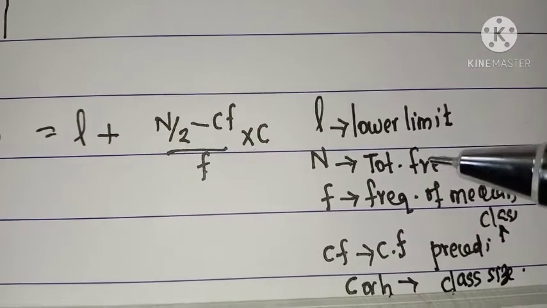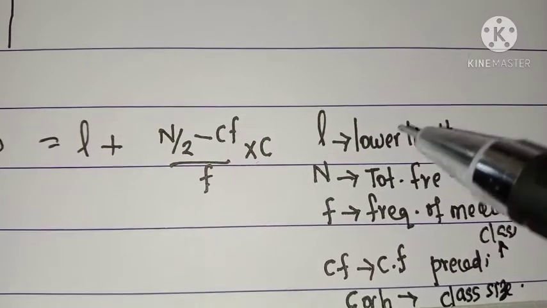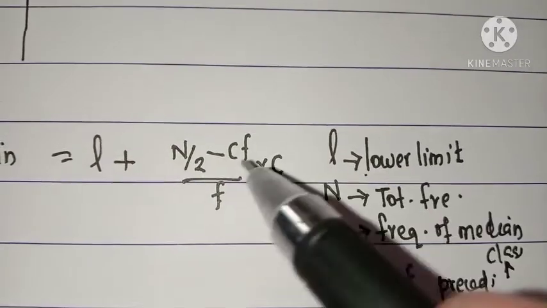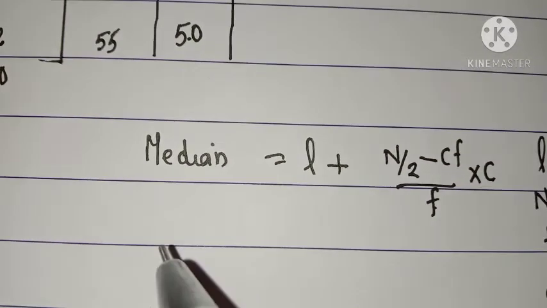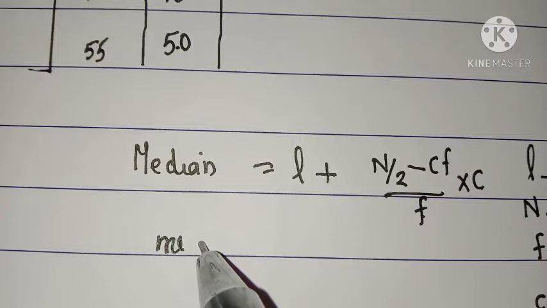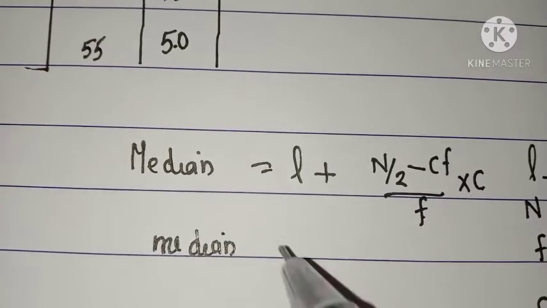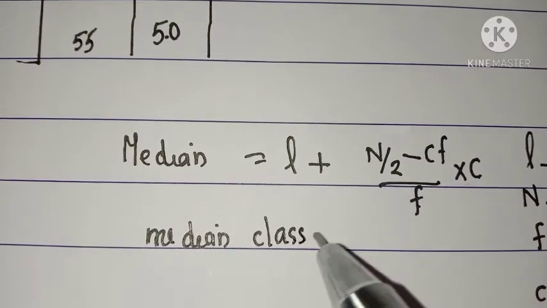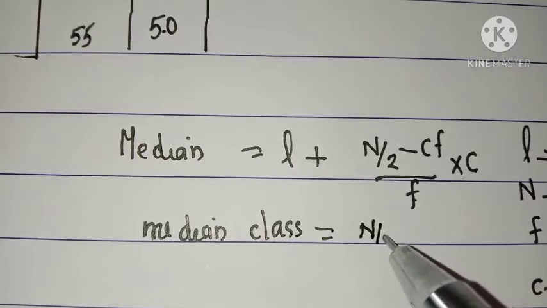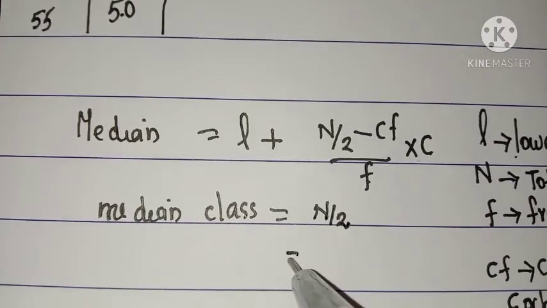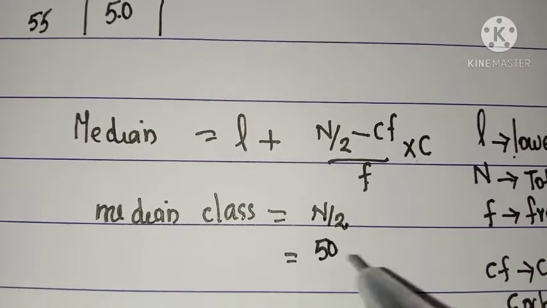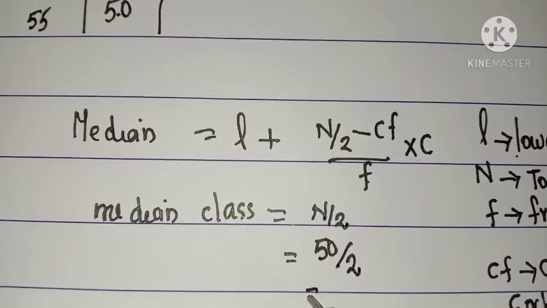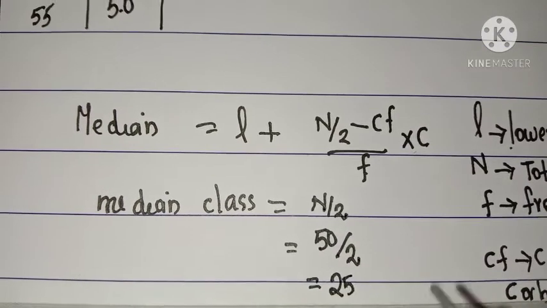So to obtain each and every term, first we have to find the median class. That's our first question. To obtain the median class, listen. As usual, we have to find the value of N by 2. See here, N is 50. So 50 by 2 is equal to 25.